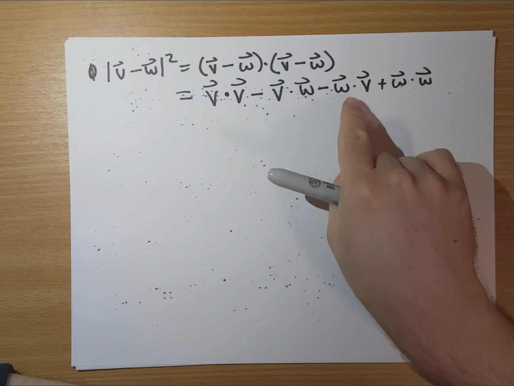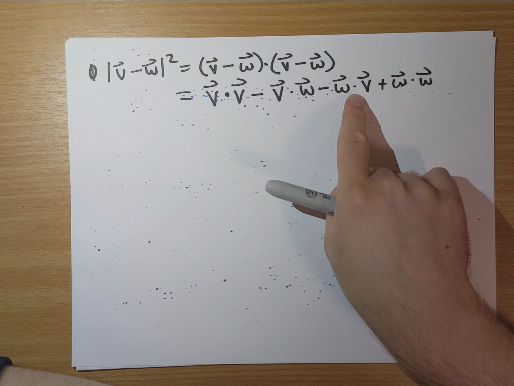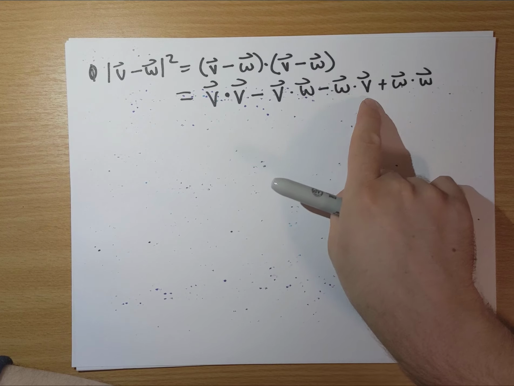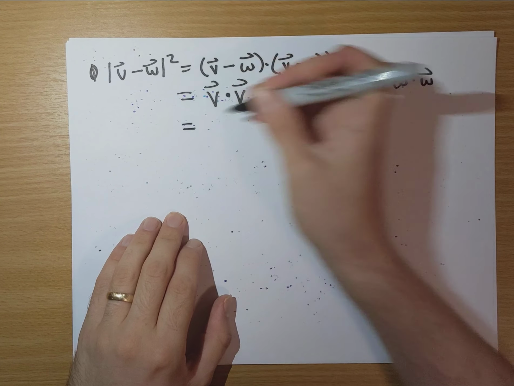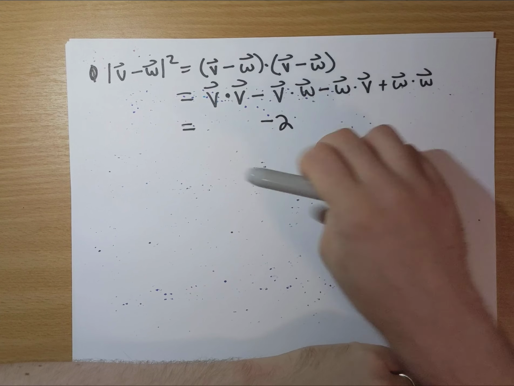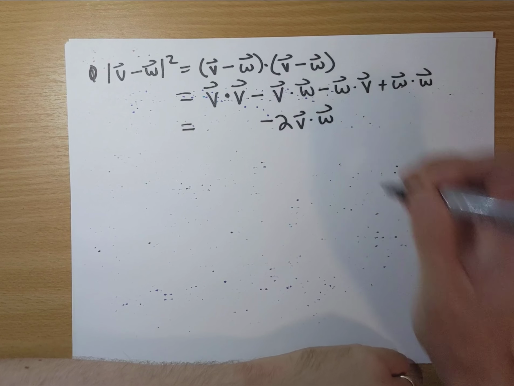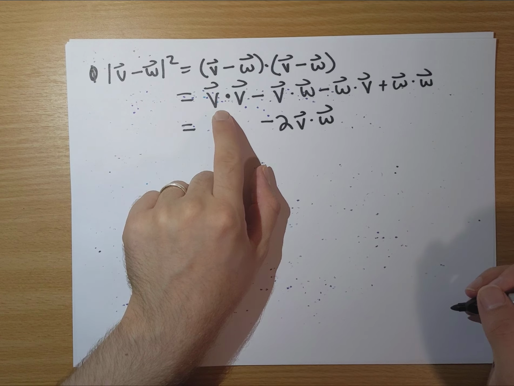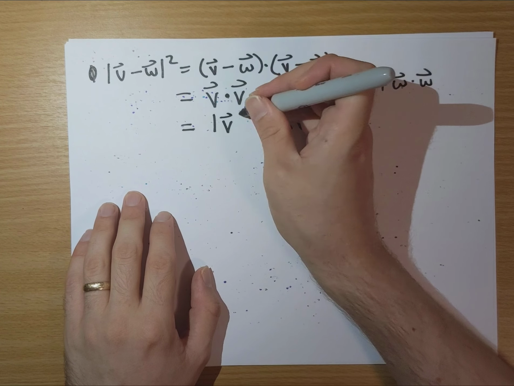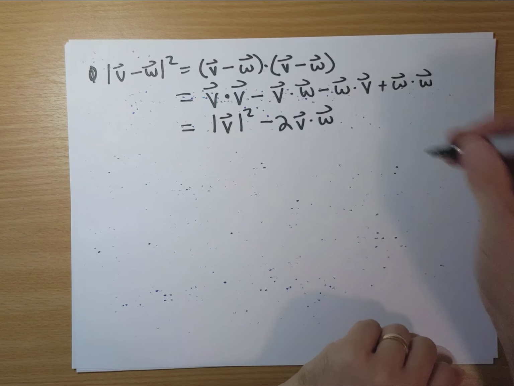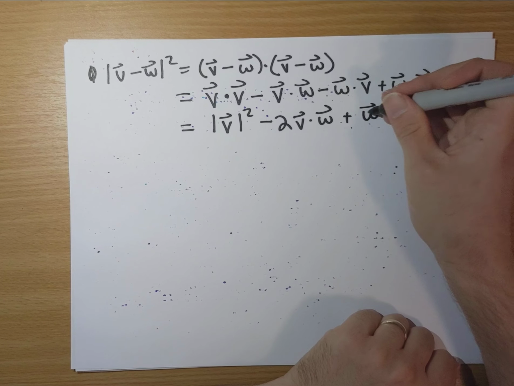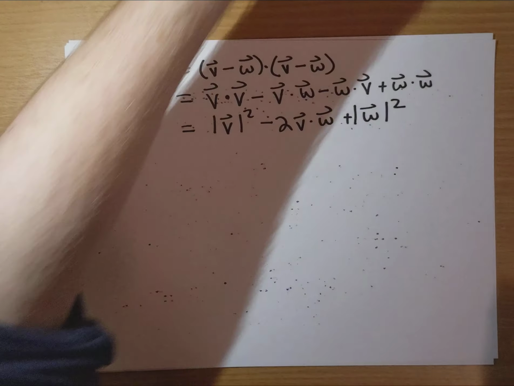By the commutative law for the dot product, w dot v is just v dot w, so this is just going to be minus 2 times v dot w. And of course, v dot v is just the magnitude of v squared, and w dot w is the magnitude of w squared.